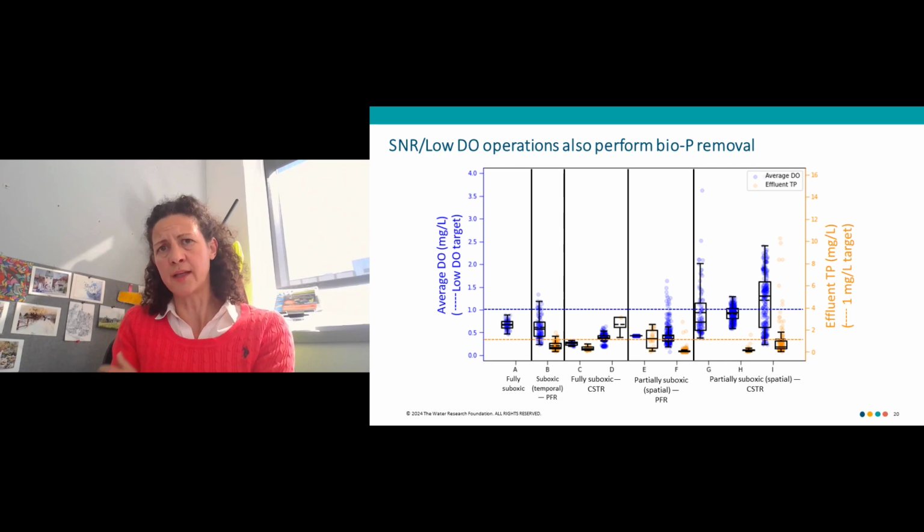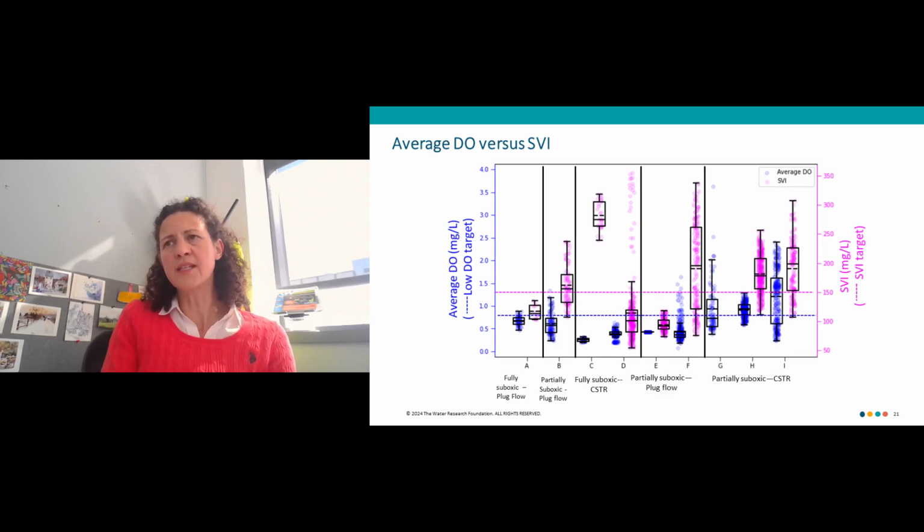Interesting is also, and Dan will talk about that here in the second half, that we see facilities with very good phosphorus removal, and we have examples of MLE facilities that don't even have an anaerobic zone that are able to get very efficient biological phosphorus removal with phosphorus concentrations of less than 1 in the effluent. SVI performance is a mixed bag.